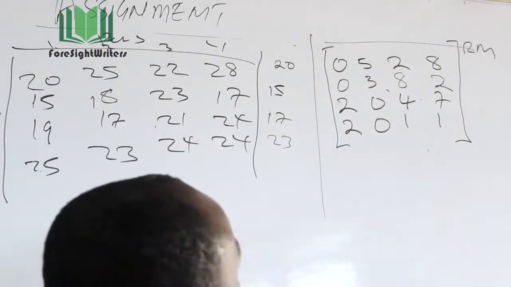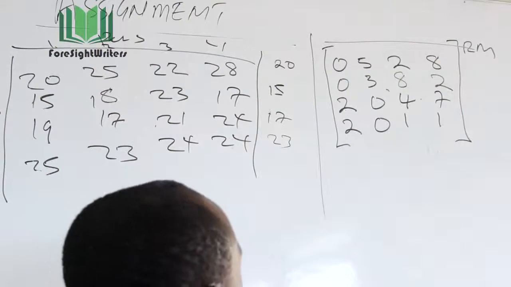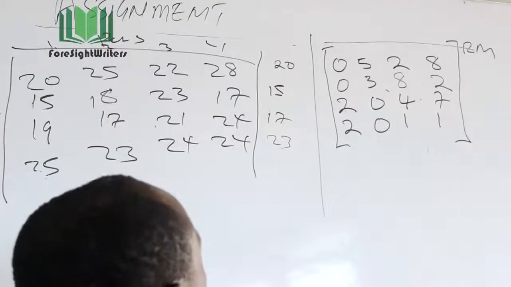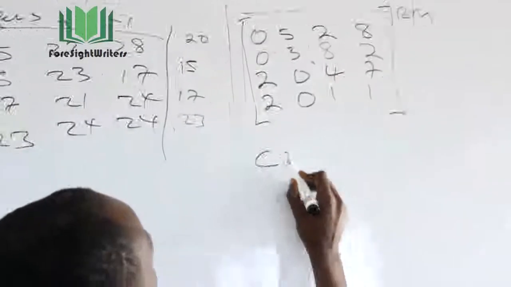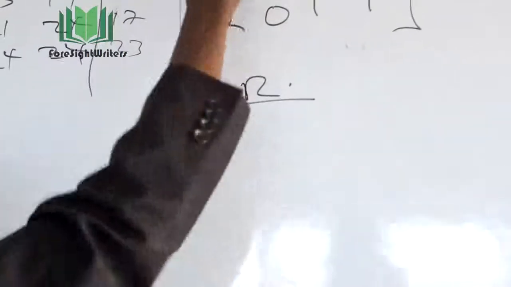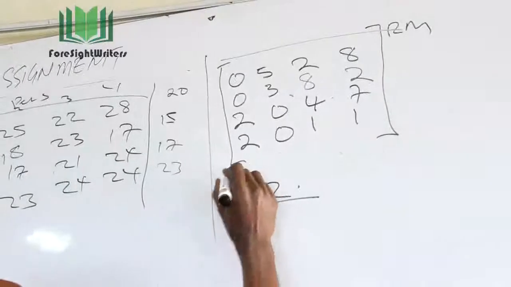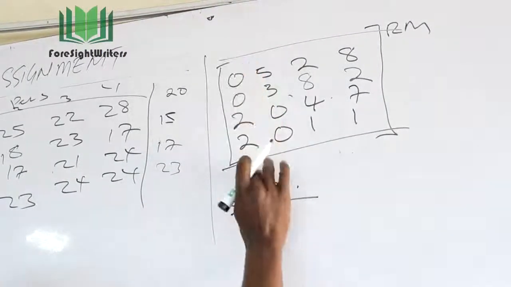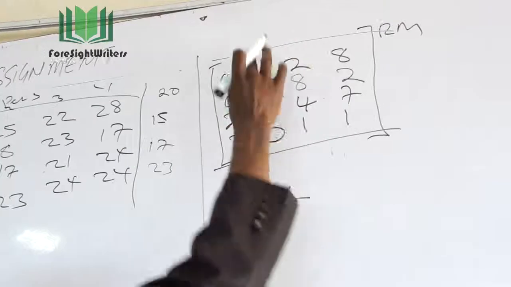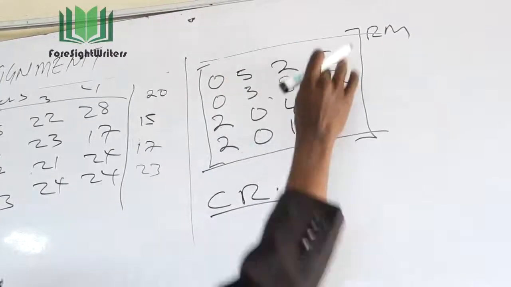So I need now to go to the third step in the first phase. The first phase, we need to do what we call column reduction. We need to identify the least value in each and every column. So this is the first column, second column, third column, and fourth column.